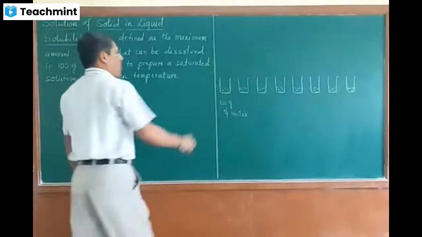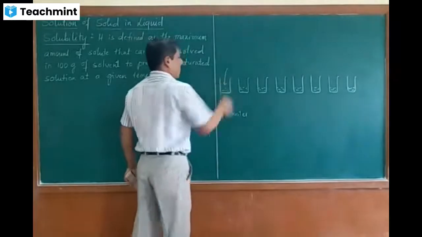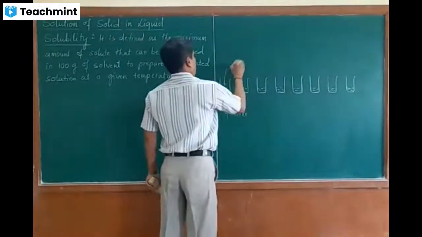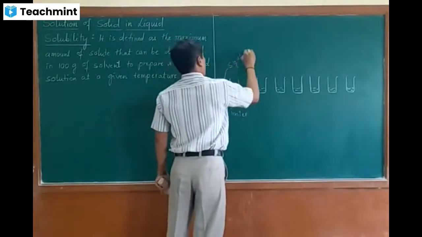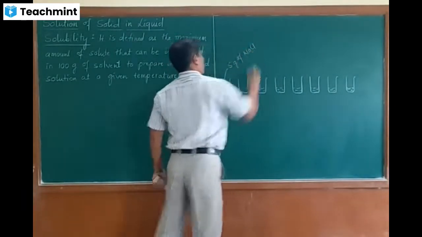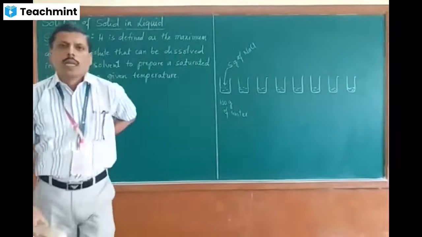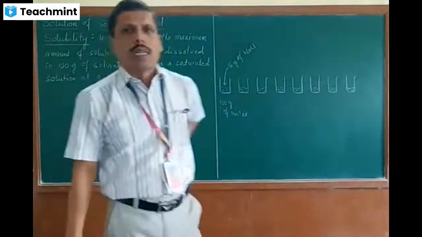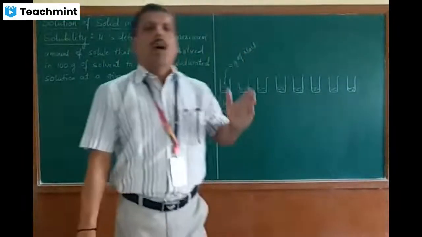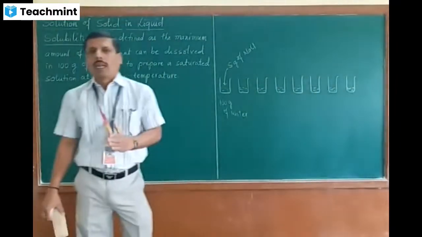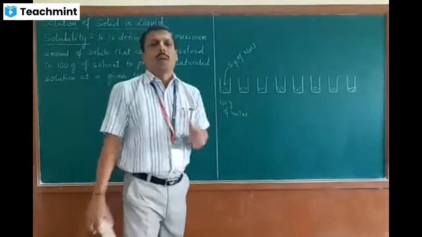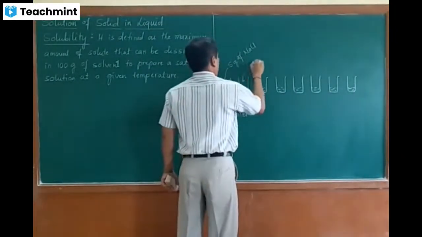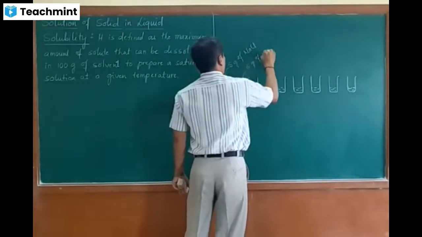Now, here let me add 5 gram of salt, NaCl, sodium chloride. Is it right? Stir it well. See whether all the salt is dissolved or not. Check whether it is all dissolved, soluble. Now let me add 6 gram of NaCl.